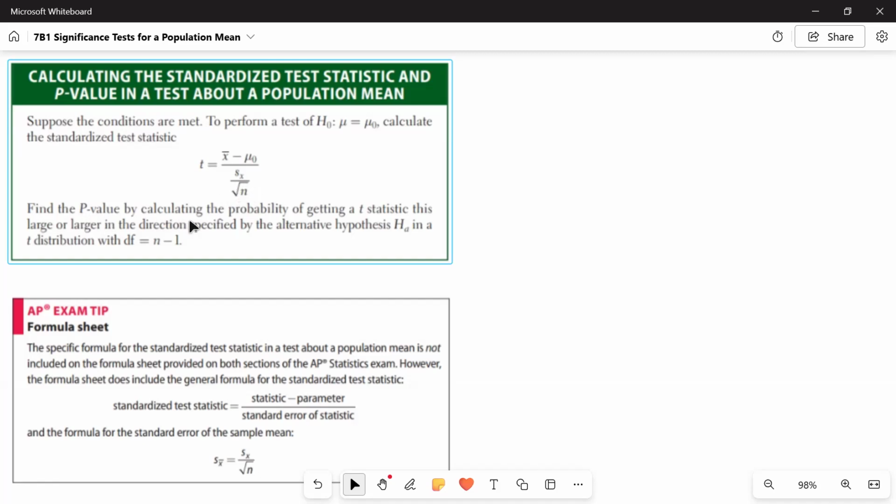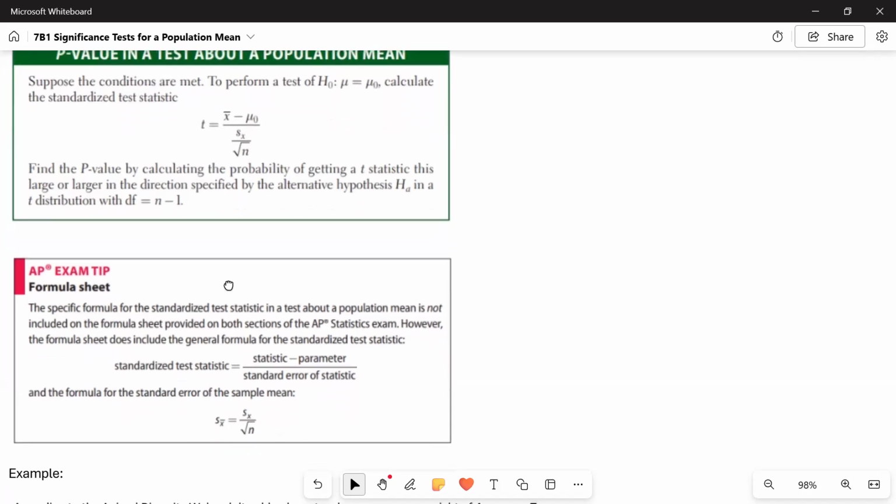So you find the p-value by calculating the probability of getting a t-statistic this large or larger in the direction specified by the alternative hypothesis. Again, if it's greater than, less than, or not equal to, of course, that would be a two-sided test. In a t-distribution, and then remember the degrees of freedom are n minus 1.